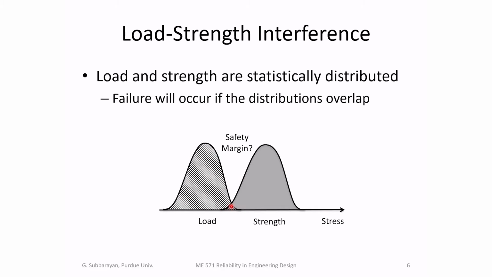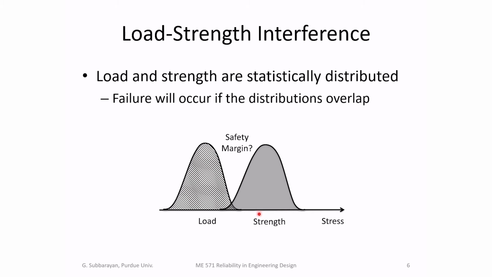In other words, if the strength curve overlaps with the load curve, there is population in this interference region that is at risk of failure, where the strength will be lower than the applied load. So what we want to do is to estimate this population and specify it in designing a product. In order to do that, we need an understanding of the probabilistic distribution of the load and the probabilistic distribution of the strength.